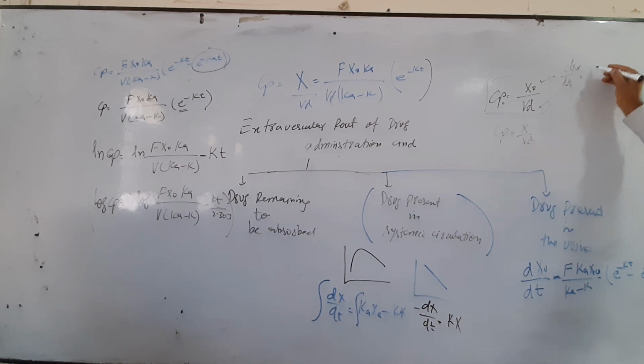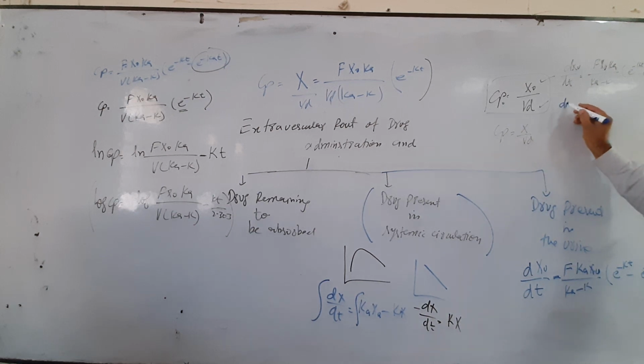The first equation is dXu over dt equal to F Ka X naught Ka over Ka minus K, into e to the power minus Kt minus e to the power minus Kat. When this scenario is complete, dXu over dt is equal to F Ka Xu over Ka minus K, into e to the power minus Kt.